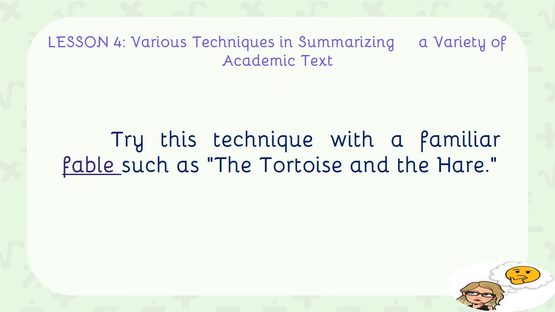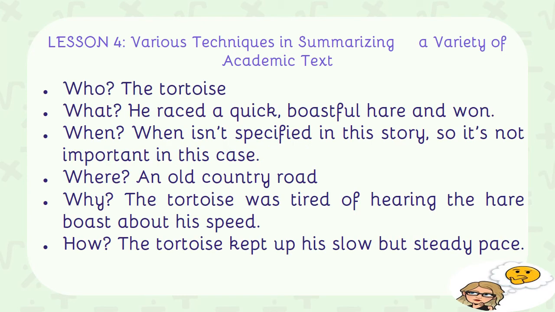So, eto na yung try these techniques with a familiar fable such as the tortoise and the hare. So gagamitin natin yung 5 W's and 1H dito sa paano i-summarize tong the tortoise and the hare. Who, syempre, sino yung pinaka-main character, which is yung the tortoise. What?